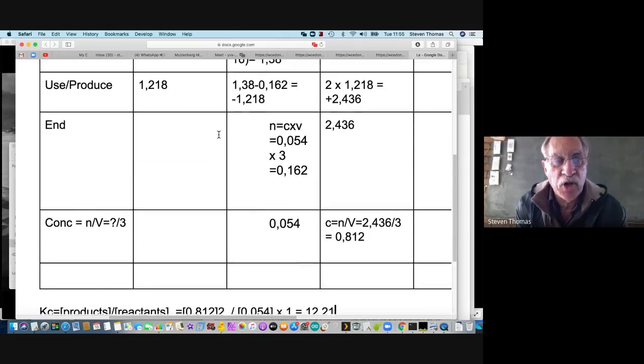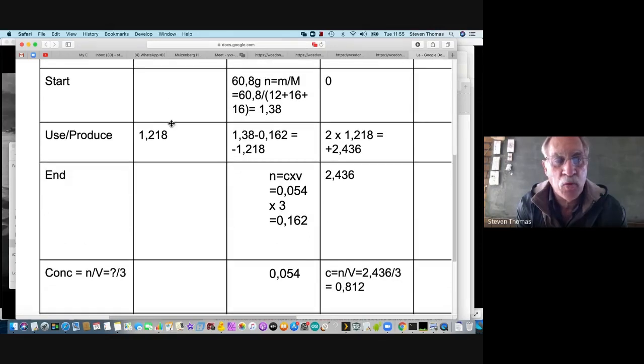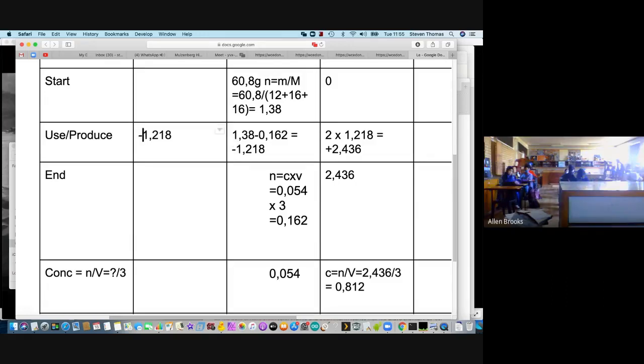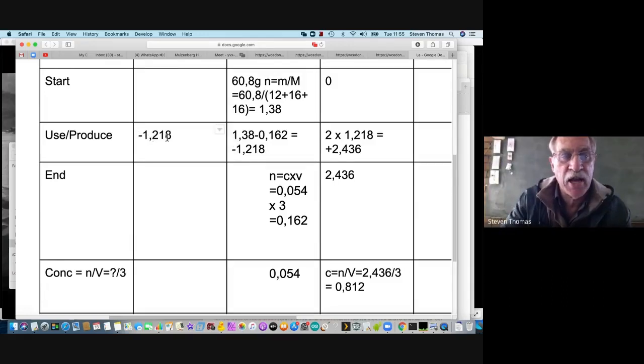Okay, so now let's have a look at how much carbon was used up minimum. Who can tell me how many moles of carbon was used up minimum in this reaction? Yeah, we used up 1.218 moles.